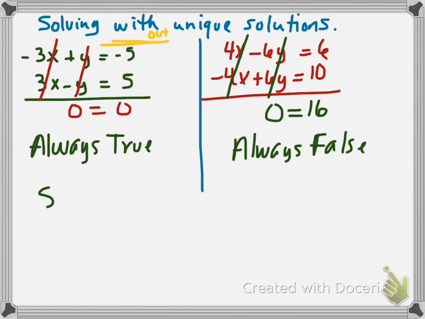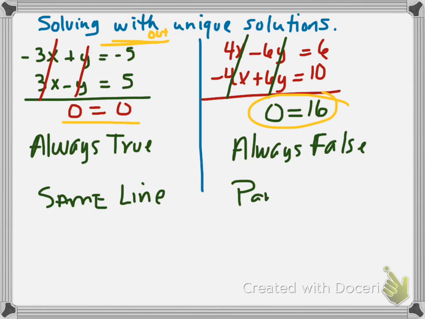So when we talk about solutions to linear systems, all the other problems we've done, we get a point. A point means there's an intersection. Well, in this case, when you end up with something that's true, like 0 is equal to 0, that means we're ending up with the same line. When we end up with 0 is equal to 16, well, in that case, we end up with parallel lines. Same line would mean that we have infinitely many solutions.